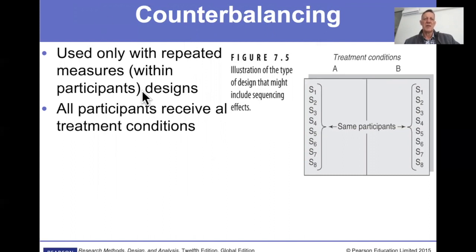Counterbalancing is one method to alleviate the problem of bias when using repeated measurements. All participants should receive all treatment conditions. There should be another L over there. All right.